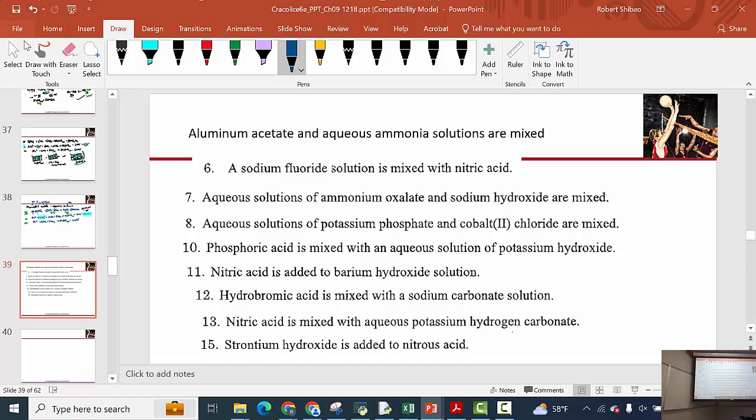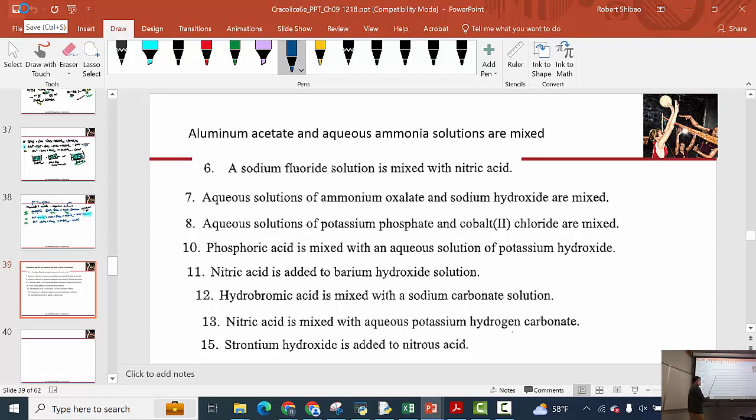All right, we'll do one more example of the aqueous ammonia, and then why don't you work on these ones? These are from the supplement. These are all double replacement reactions. There's more, but we'll just go with these for right now.